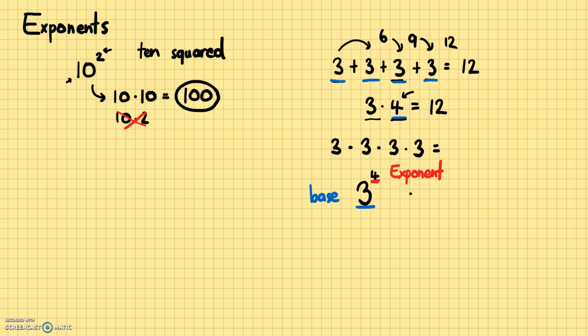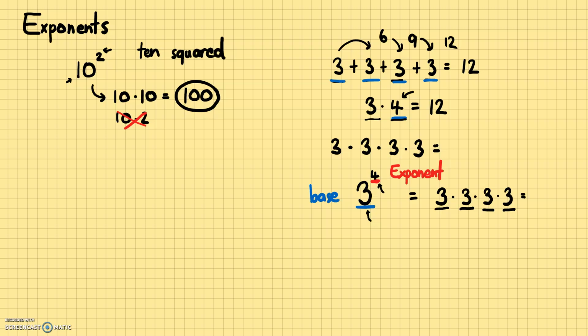Okay, so this tells us that the base 3 is being multiplied 4 times. Notice that the exponent itself is not being multiplied. We don't multiply this by 4. Okay, this just tells us how many times the base is being multiplied. Okay, so in this case, it's being multiplied 1, 2, 3, 4 times.